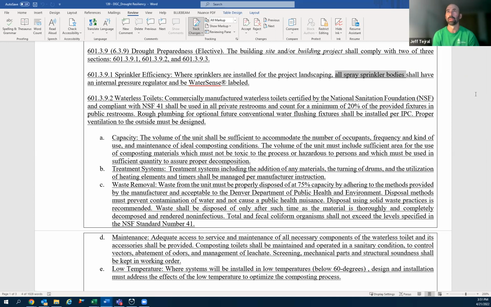Okay, I'll put something in the chat, but I think the state has actually already said that you can only sell sprinkler spray bodies that are WaterSense labeled and that have an internal check valve. So I think it's fine to be redundant in some ways, but because state law could change, I just want to make sure that we're consistent with those languages. No, that's good to know.